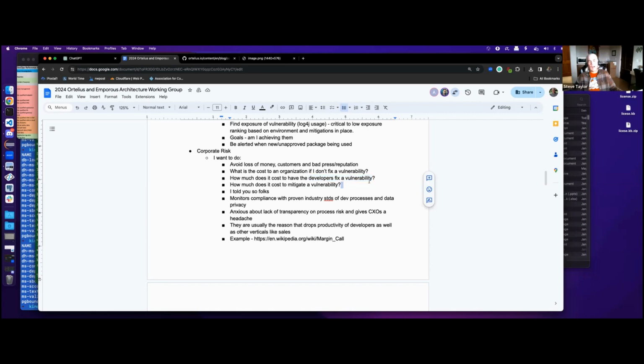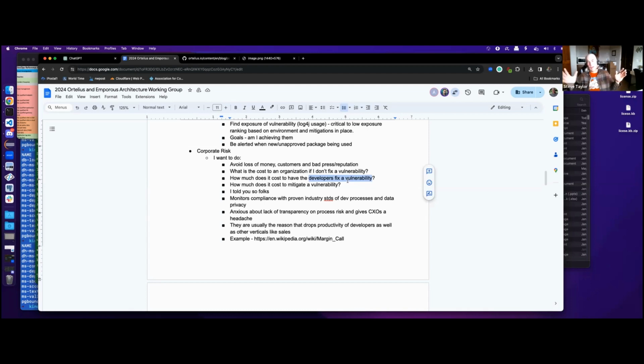So let's say we know that you have to bump to the latest version of a package dependency. That could be something that's done by Renovate or Mend. So implementing that would be a low cost.